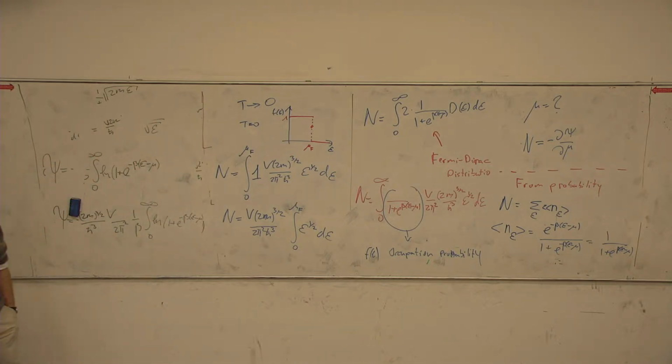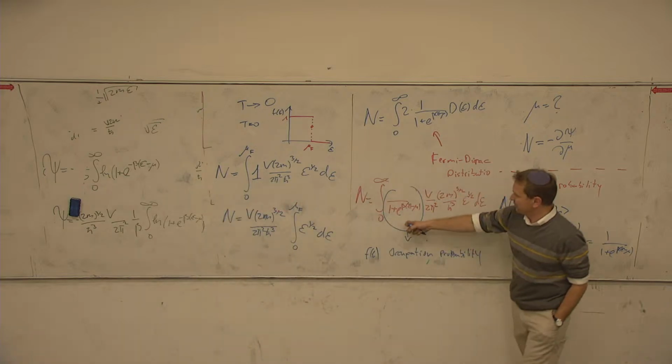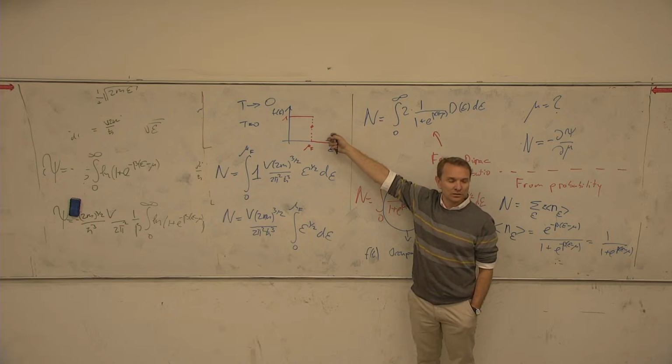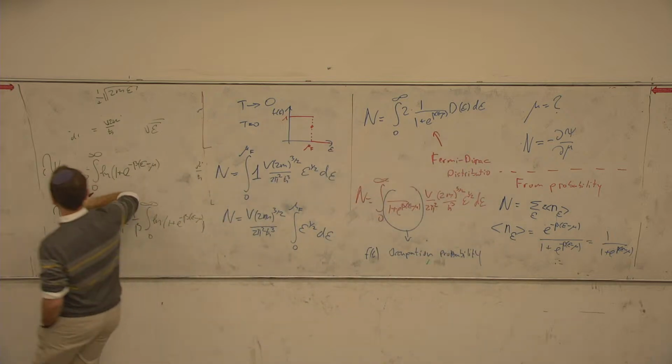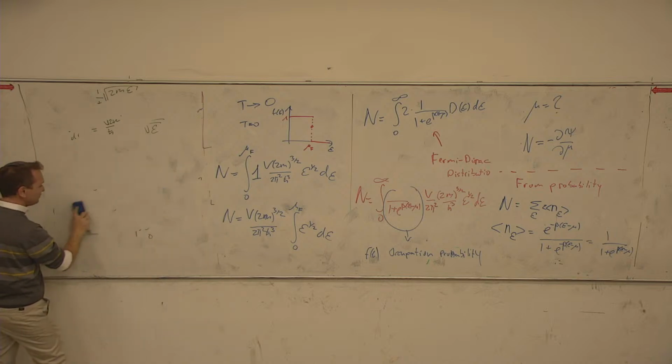A nice trick, right? We use physics to compute this integral, because this guy has a very distinctive form in the limit of very low temperatures. This integral is already simple.